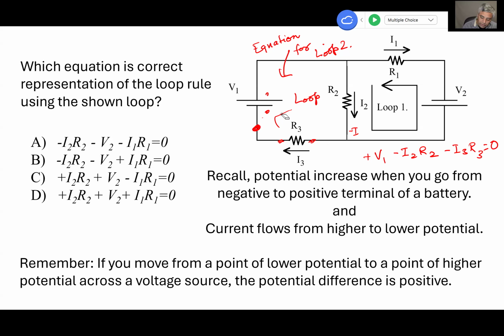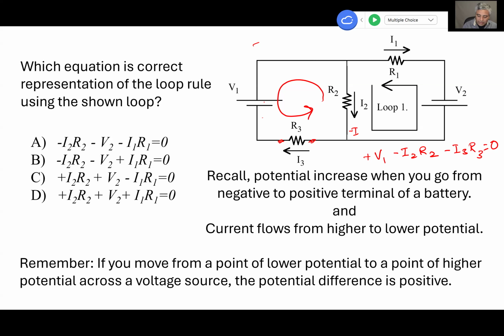Now, let's say I were to reverse the loop. The direction of current flow is labeled already, but let's suppose now we are going counterclockwise. How is that going to change? The sign of all of these is going to change. When the sign of all of those changes, in an equation that is like saying nothing changed.